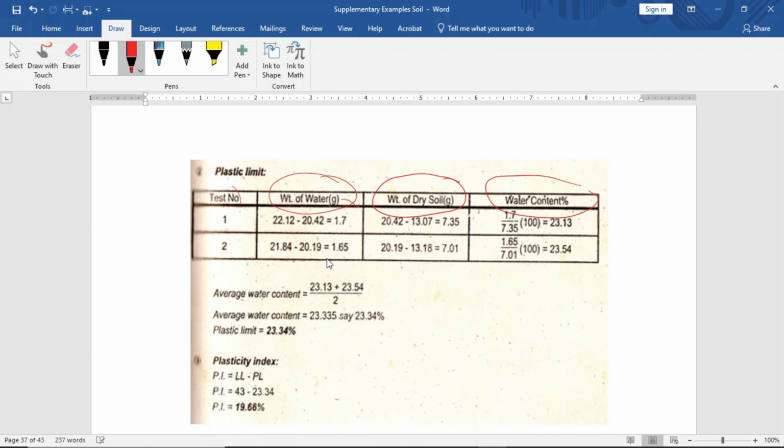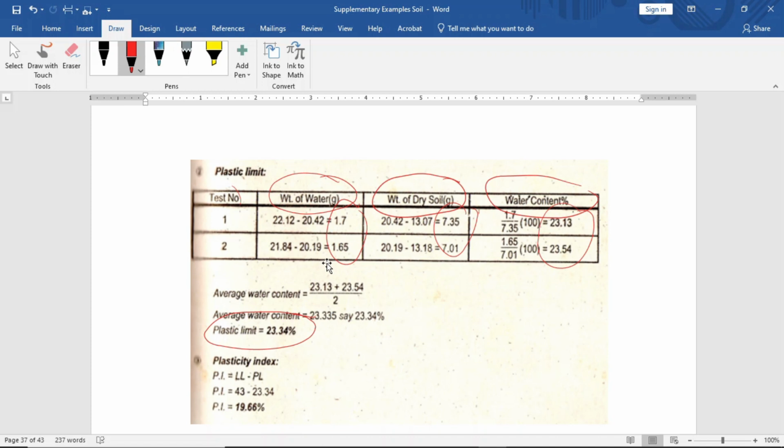So, i-average lang natin yung moisture content sa plastic limit table. Average water content natin, kasi dalawa lang yung test natin, is 23.335, say 23.34. Ayan po yung plastic limit natin.